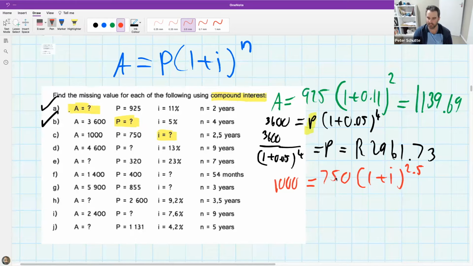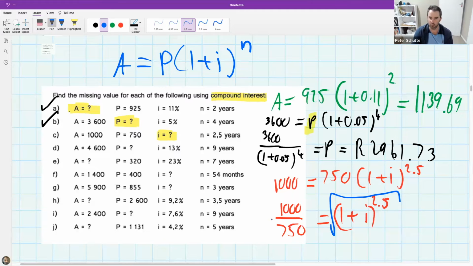Actually, before we even do that, I think the 750 has to. So we have to bring this across to get that part. Now, if it was squared, you would square root it. Now, you're not going to square root it, but you're going to root it by 2.5. Now, on your calculator, if you've got a Casio, you go Shift, and then you go to the button next to x squared.